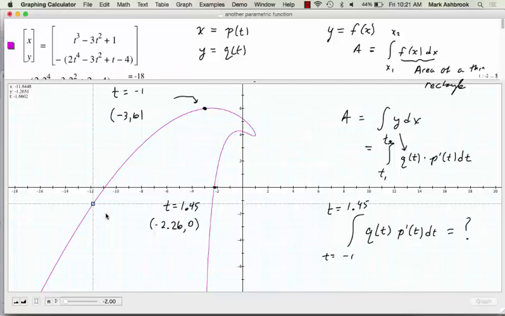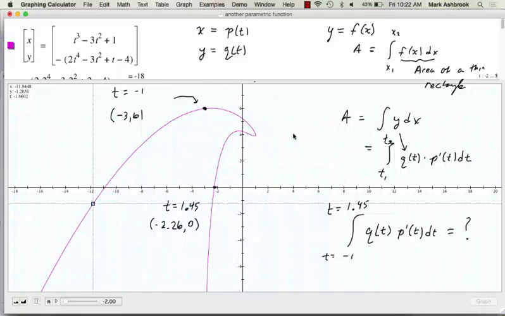Well, we're graphing all ordered pairs x, y here. Like I said, this formula is still based on vertical rectangles between the curve and the x-axis. So if we think about starting here, the direction of the curve is this way. As t increases from -1, we go this way.